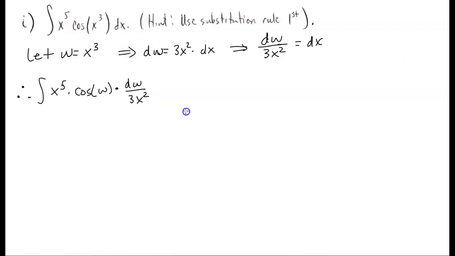Okay. And notice here that the x to the 5th over 1 here, and the x squared down here gives us a net x cubed in the numerator times cosine of w dw. And of course we have an extra 1/3 because 3 is in the denominator here. I'll just write it like that for now.